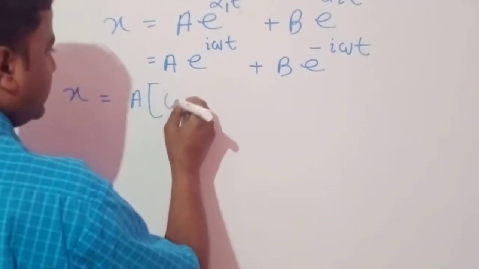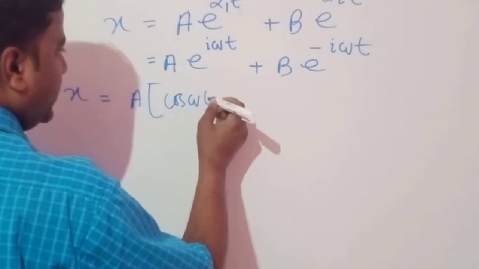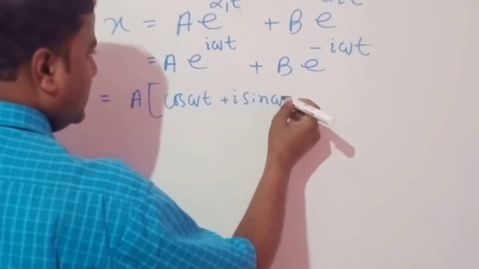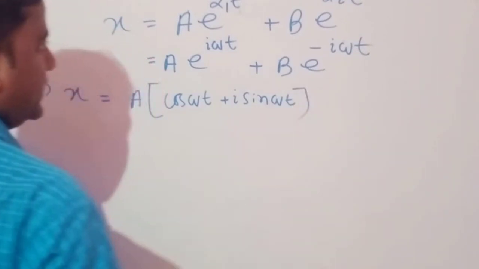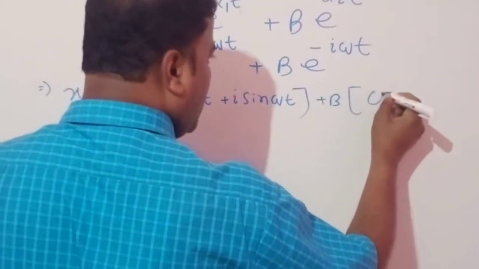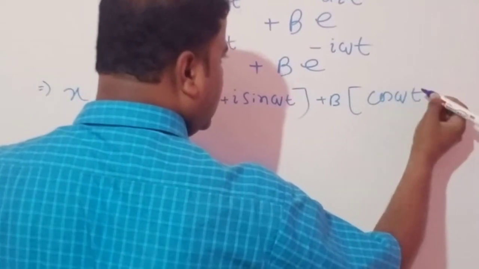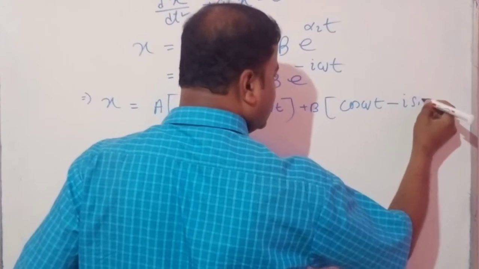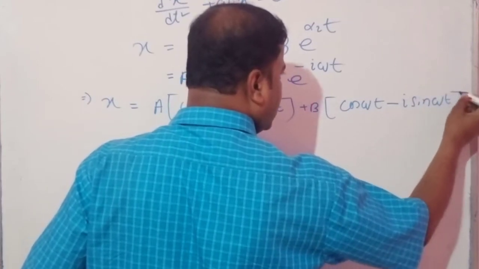Here we get cos omega t plus i sin omega t, and this is cos omega t. Here the sign is minus, therefore minus i sin omega t.